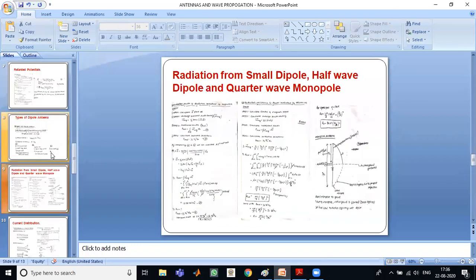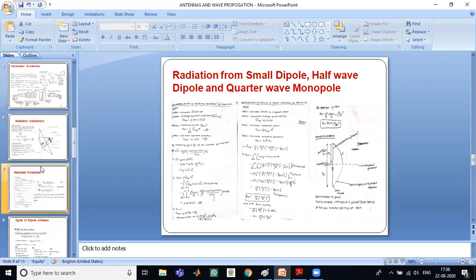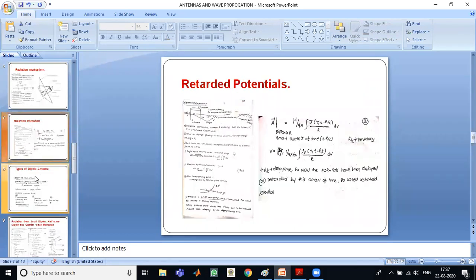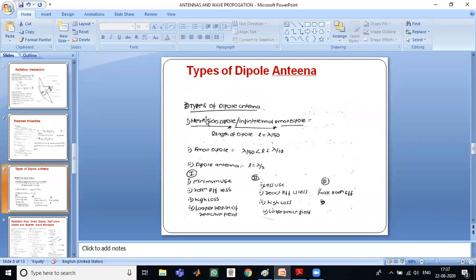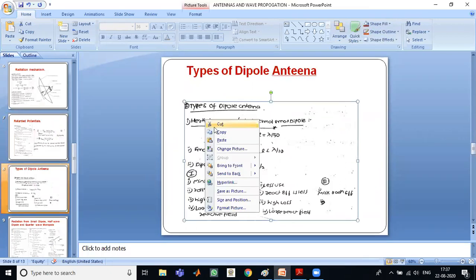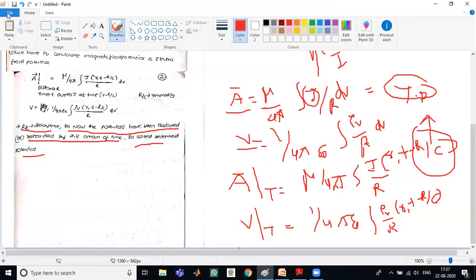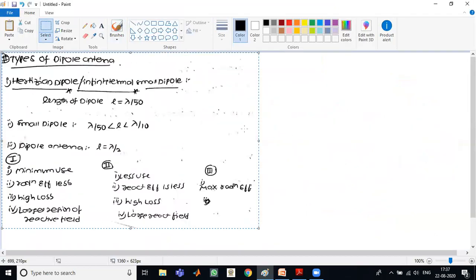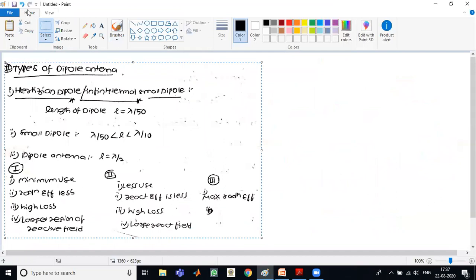Now we'll discuss the types of dipole antennas. What is a dipole?